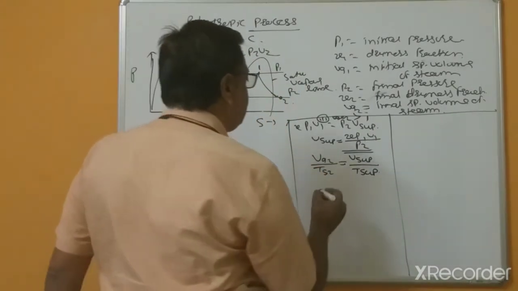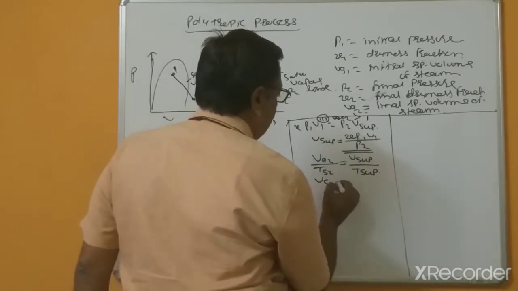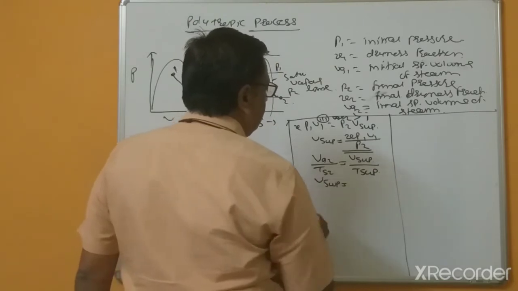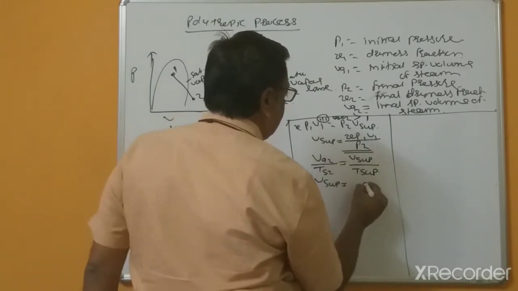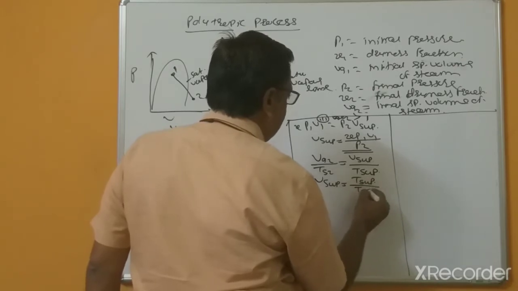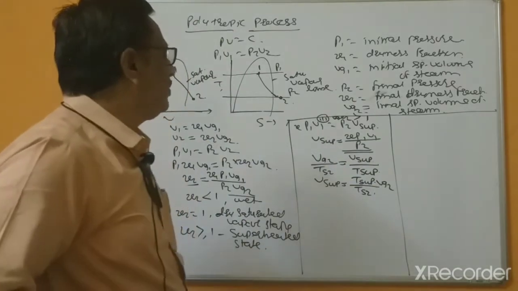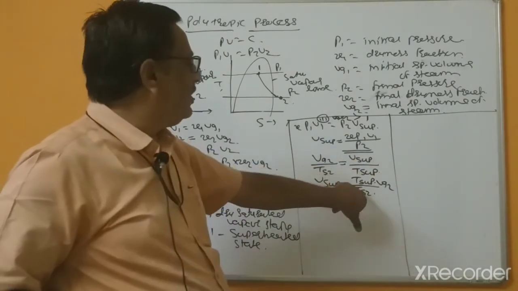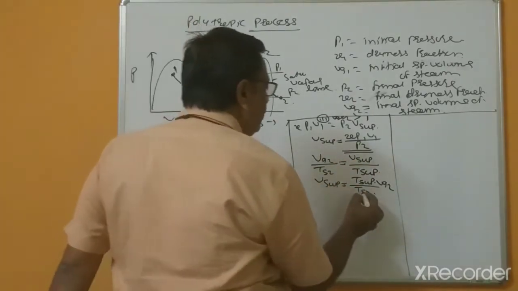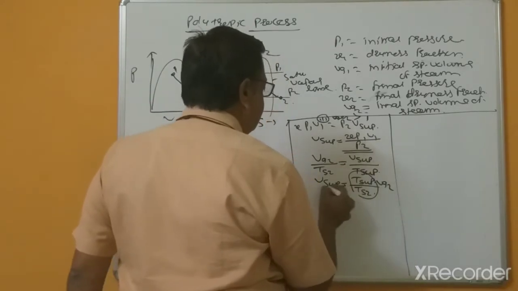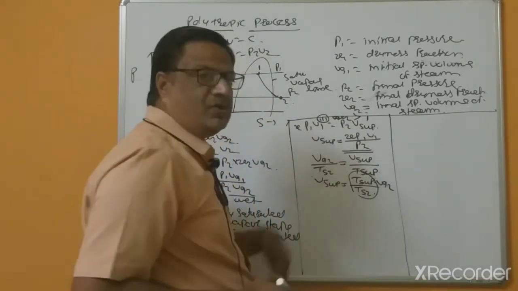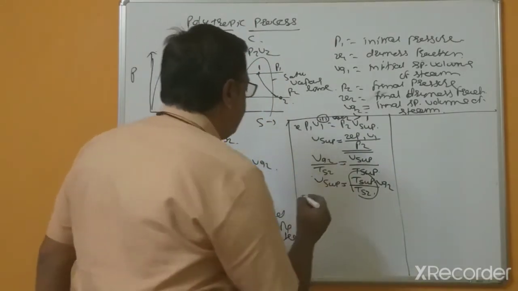So by using this formula also you can calculate the superheated specific volume. Because the superheated temperature is greater than the saturated temperature, this ratio is greater than one. So we will get the superheated specific volume greater than one.